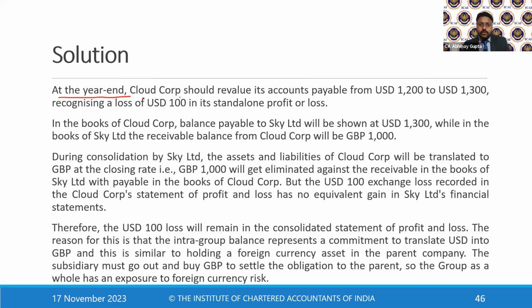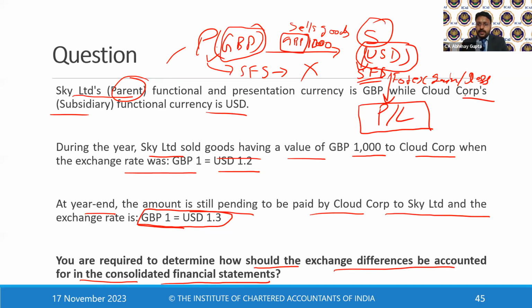At the year end, Cloud Corp, that is the subsidiary company, should revalue its accounts payable because it has purchased goods, so it will be discharging the obligation. So it must be having a creditor balance, accounts payable, going from USD 1200 to USD 1300. How come? GBP 1000 was the sale value by the parent to the subsidiary.